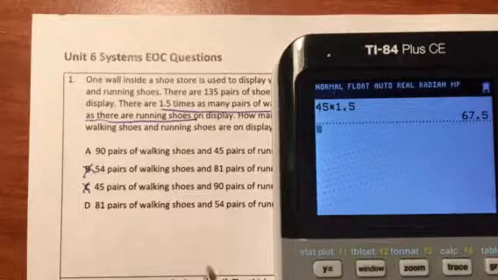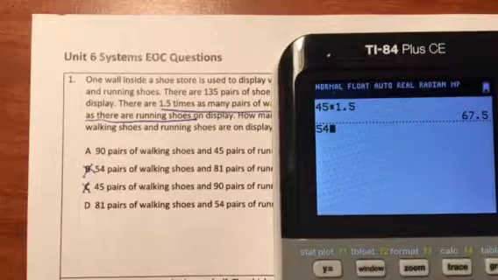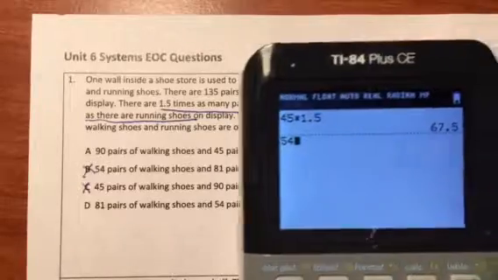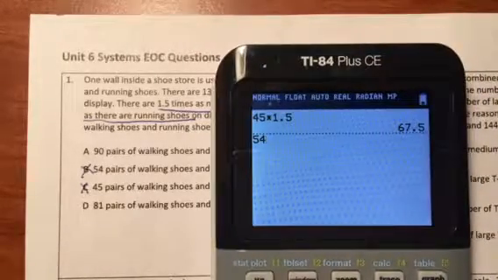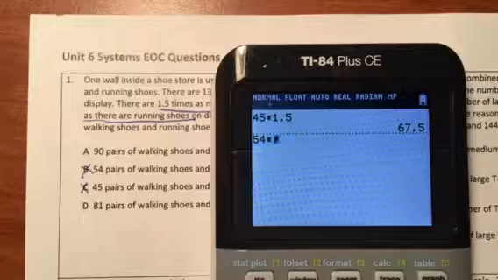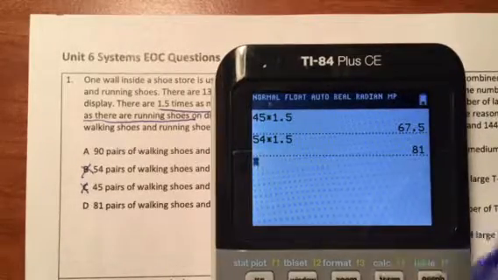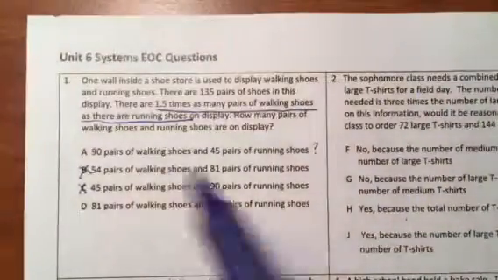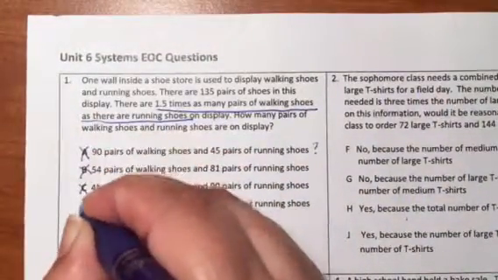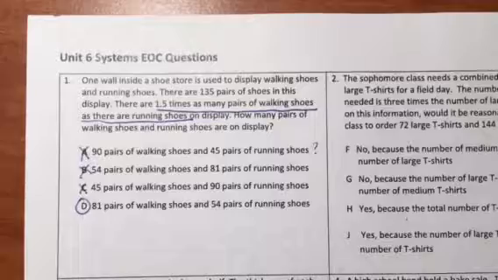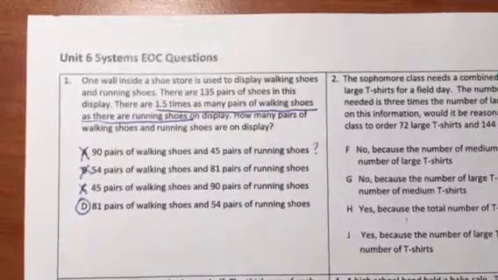It does not. So it better be this one, but we're going to check. 54 times 1.5 gives me the 81. So there's my answer, and that's without doing the algebra. That's just using the answer choices to figure out what my answer is.